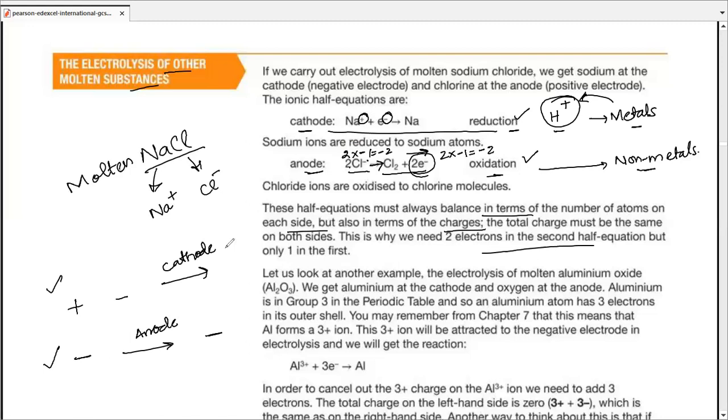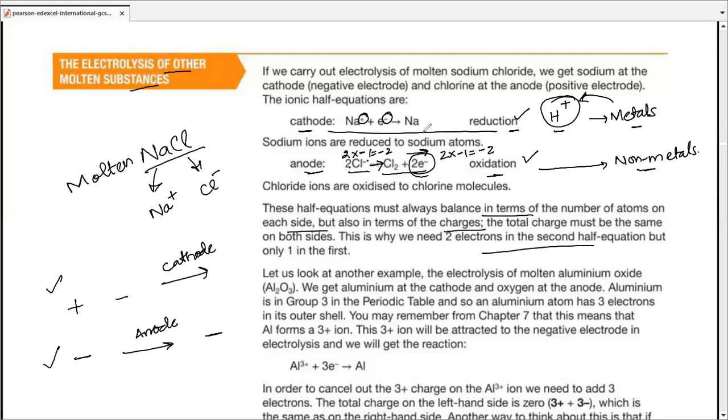Positive, negative. Right? So it should make sense that either two opposite charges on one side of the arrow or same charges on different sides of the arrow will balance the charges in a chemical reaction. And that's what we require with every half equation in electrolysis.